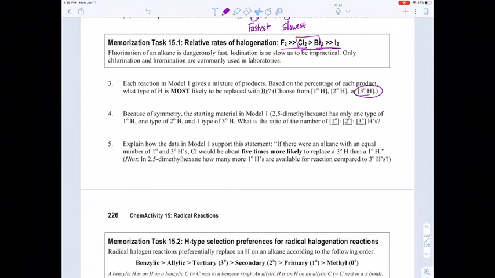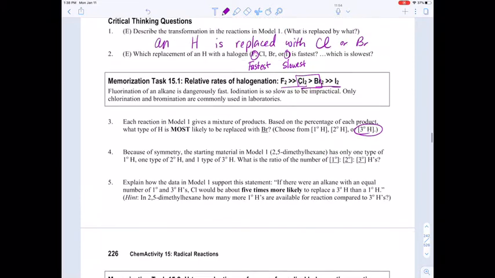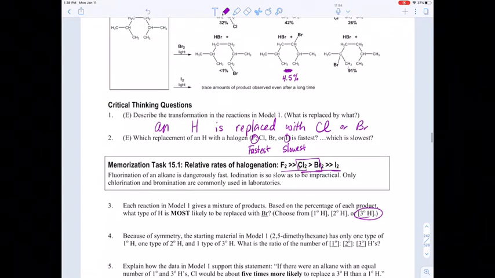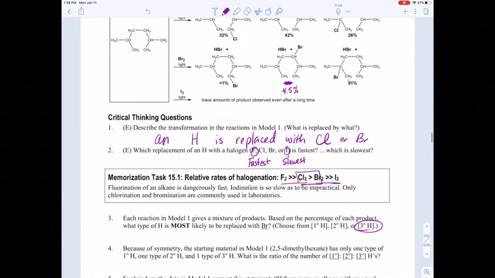Because of symmetry, the starting material in Model 1, 2,5-dimethylhexane, has only one type of primary hydrogen, one type of secondary hydrogen, and one type of tertiary hydrogen. What is the ratio of the number of primary to secondary to tertiary hydrogens? So I'll get you started. Let's start by counting primary hydrogens. So here's our primary carbon, there's one, and there's one.